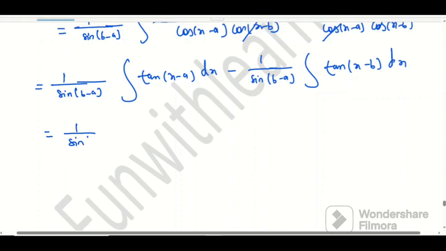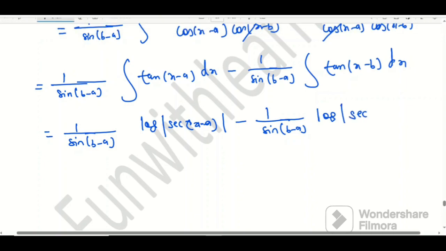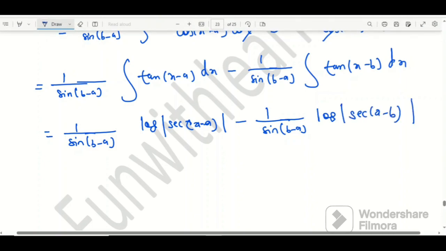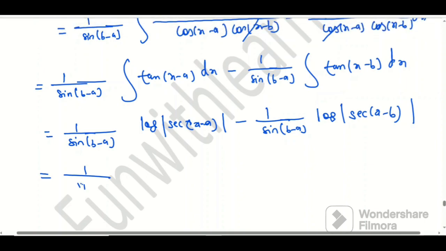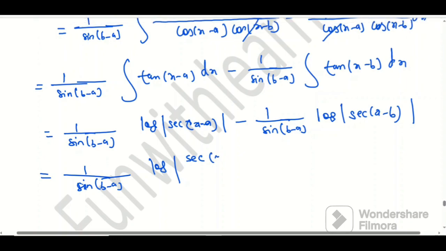So 1 by sin B minus A log sec x minus A, minus 1 by sin B minus A log sec x minus B. Now I can take 1 by sin B minus A common and use the formula of log: log A minus log B gives log A upon B. It will give me log of sec x minus A upon sec x minus B.